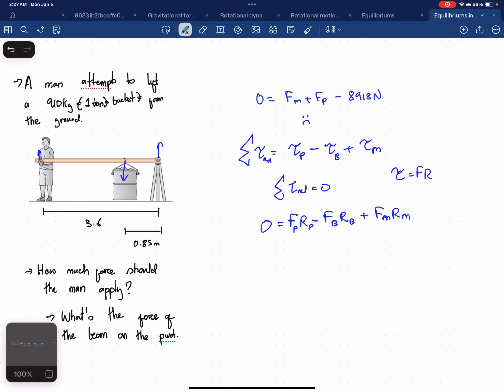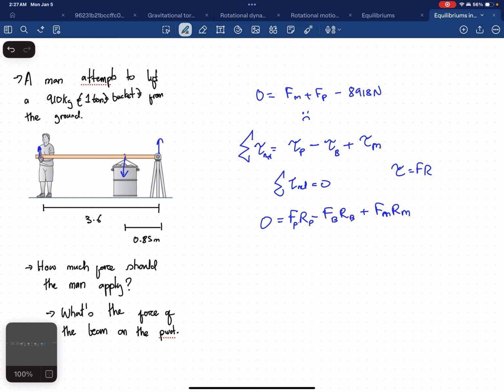So F_P R_P is the torque at a pivot. My R is literally 0, because how long is the distance from the pivot to the pivot? It's 0, because the force is being applied right at the pivot.